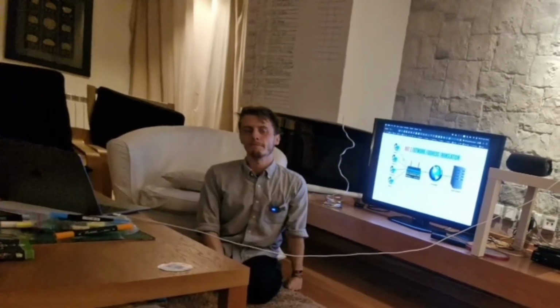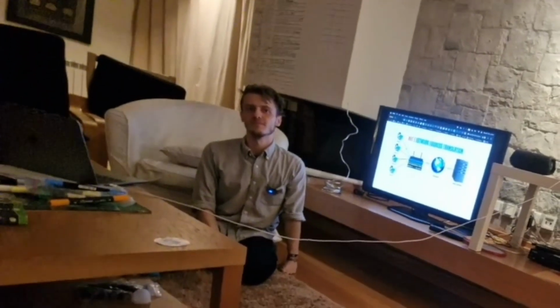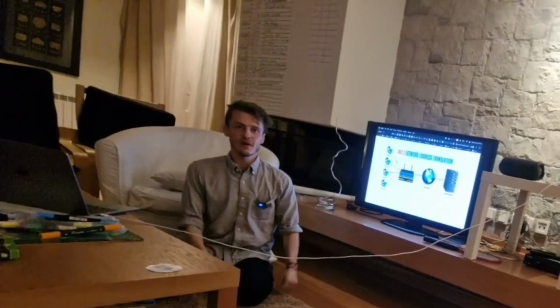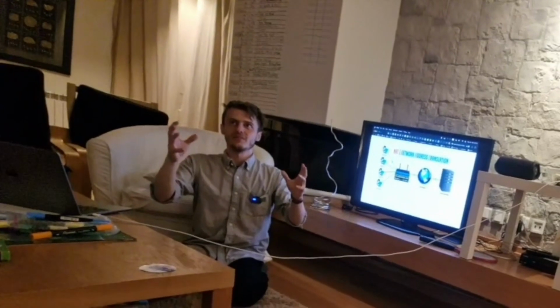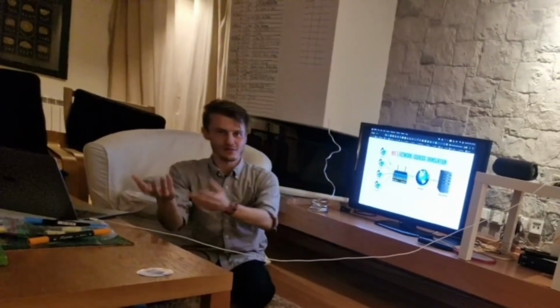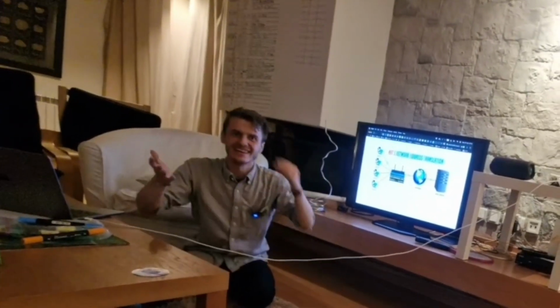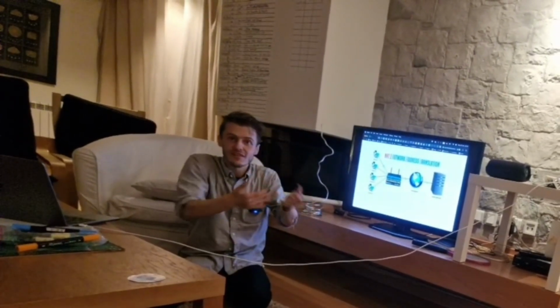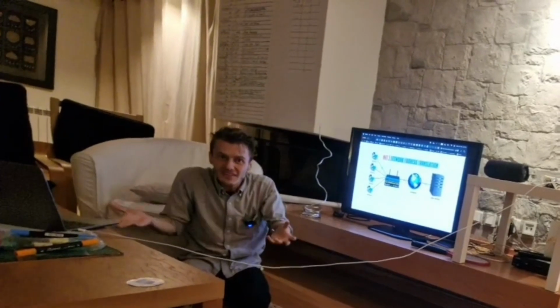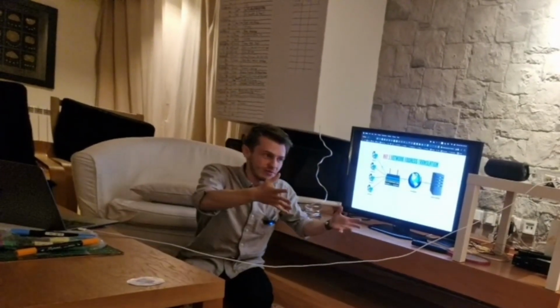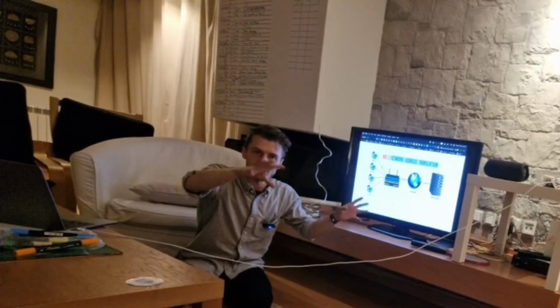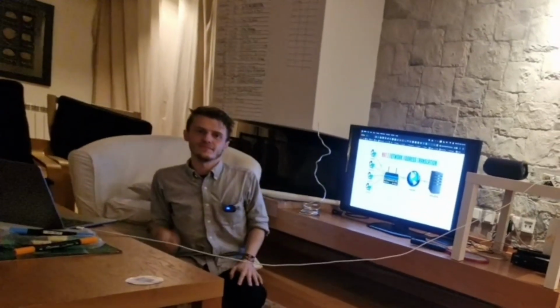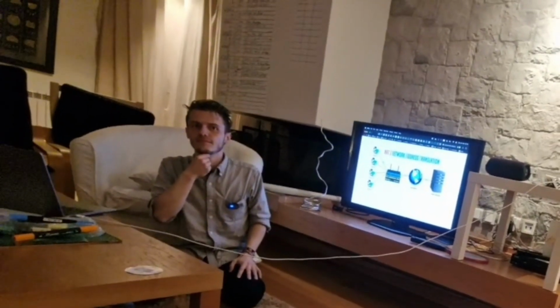So NAT means that we have public and private addresses. As soon as you have private addresses, you need to translate them somehow into public ones and do NAT. And we have private ones because we have more than 4 billion devices. Otherwise each computer, each device, could have its own address.